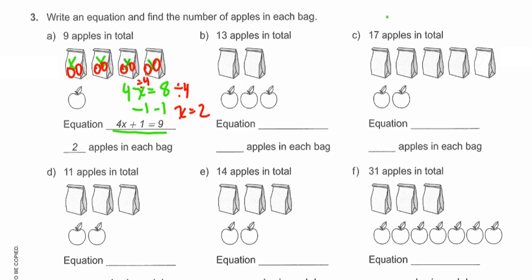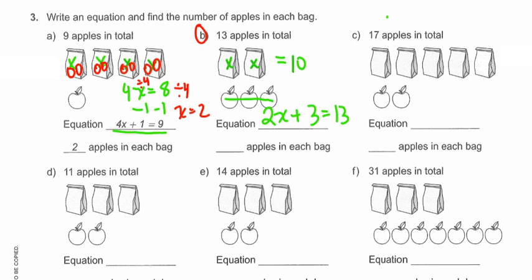So let's try B. The equation is going to be 2x from the 2 bags plus 3. And if we know that it's equal to 13 apples, how many must be in each bag? Well, if we take 3 off, that means these 10 apples have to be in these 2 bags, right?